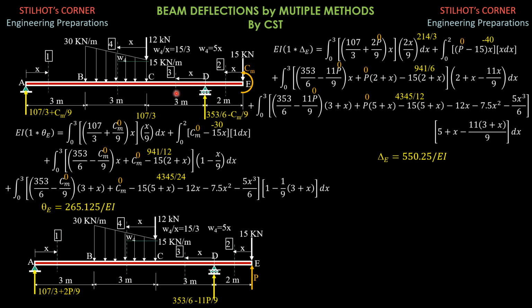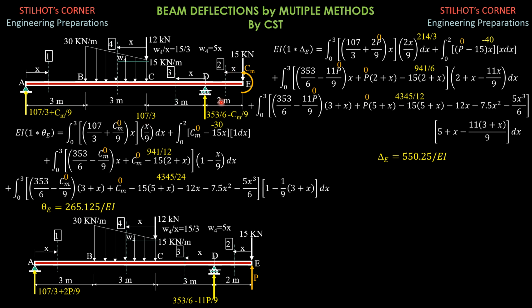Just focus on C sub m only. Then we have EI times 1 times theta E equals integral of quantity 107 over 3 plus C sub m over 9 times x. The derivative with respect to C sub m is x over 9 dx. Then setting C sub m 0 and integrating, it is 107 over 3.